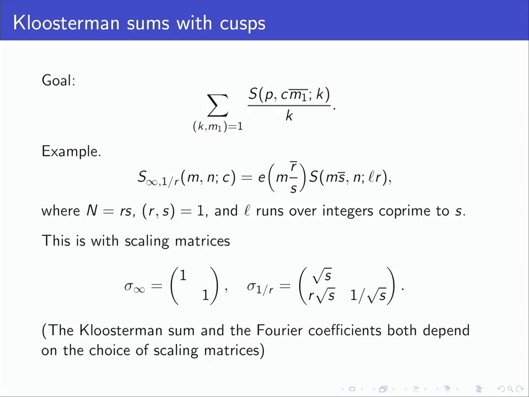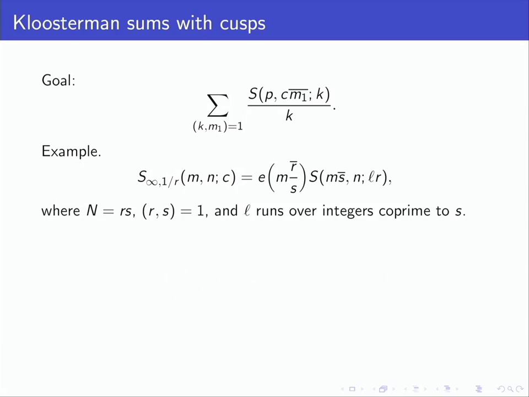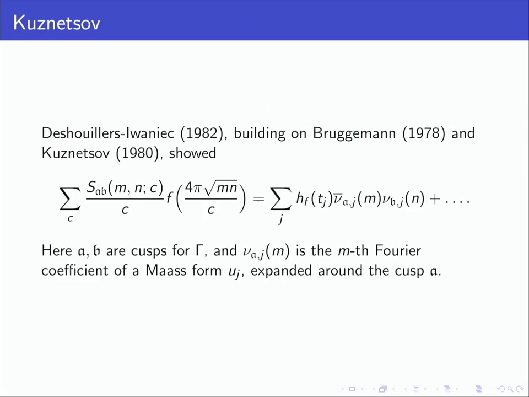But I should say that this relies on a choice of scaling matrices, and this is something that I avoided thinking about for a long time in my life. Scaling matrices and choices of cusps and everything, but we really had to delve into this for this project. A scaling matrix is a matrix that lets you convert, sort of like a change of variables, from your cusp a to infinity so that you can work around the cusp infinity. So you always sort of want to translate to infinity. And there's a choice in how you pick your scaling matrix. Depending on your choice, going back to the Kuznetsov formula even, the Kloosterman sum changes.